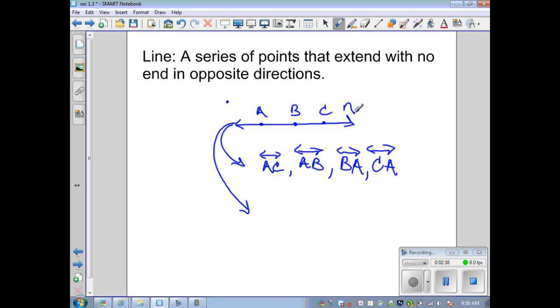So in this situation, I could also call this line N. So I have multiple ways of identifying figures in geometry. In this case, a line can be represented in many different ways, depending on the number of points or if it's represented by a lowercase letter.